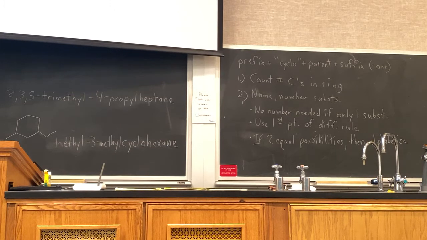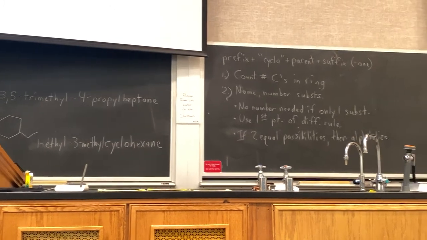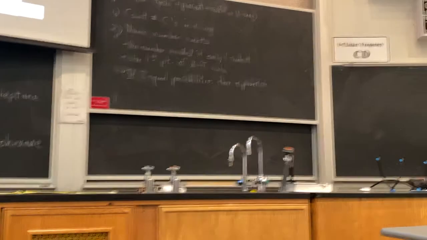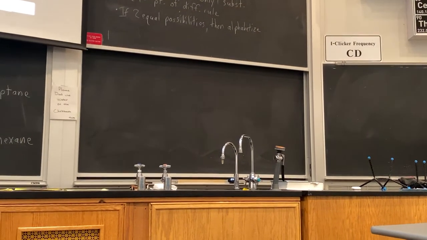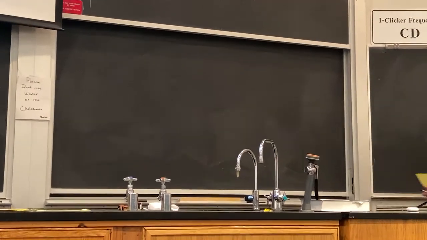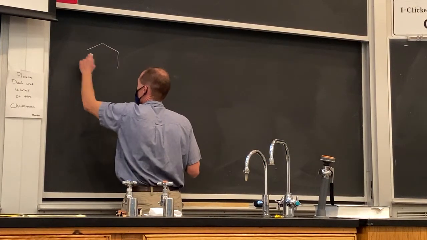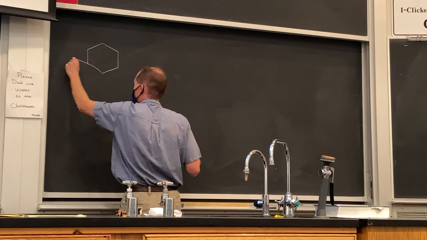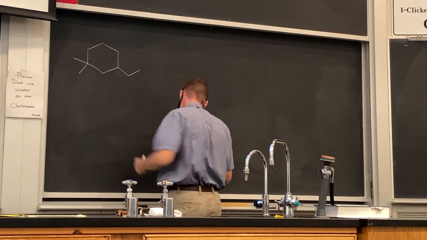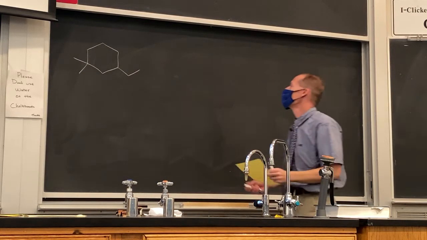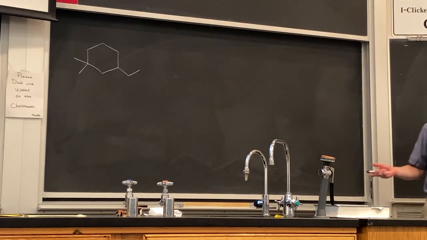All right, let's look at a couple of other examples. Okay, this one is going to be very similar to the last one, except we're adding a 3rd substituent. What's our parent name?